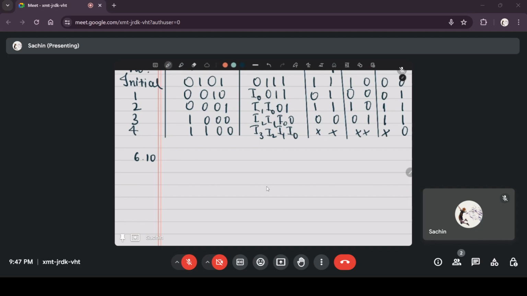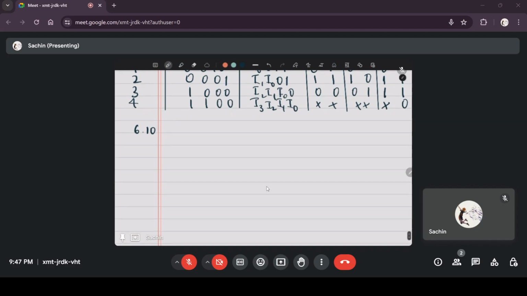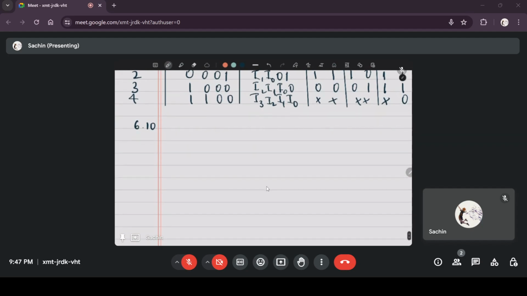Let me draw you the circuit of the complementer and then explain the working of the complementer.